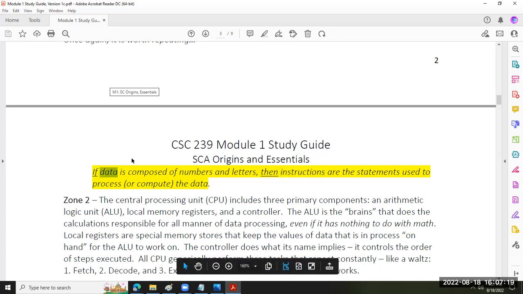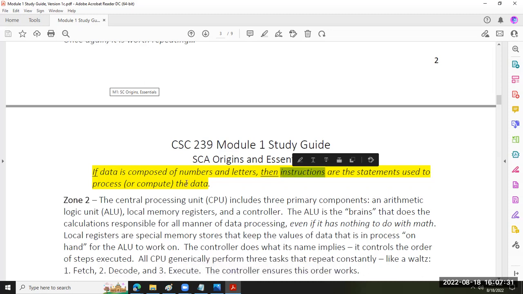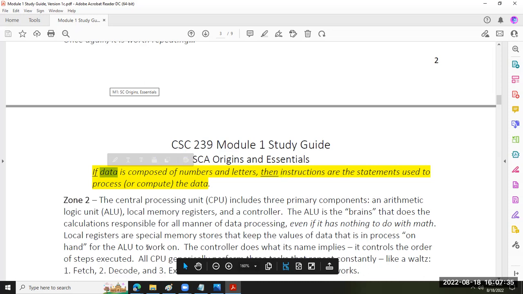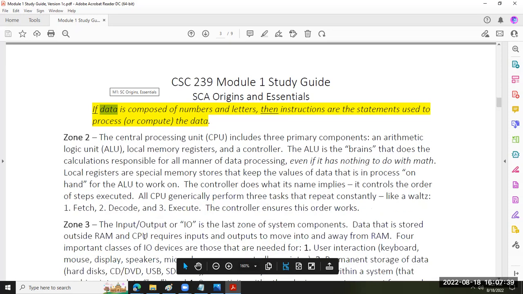But it often helps, when you're going into a computing scenario, to understand, okay, what are the actions I want to take against the data that I'm collecting, and then what kind of data specifically am I collecting? So it kind of helps to break things down that way.